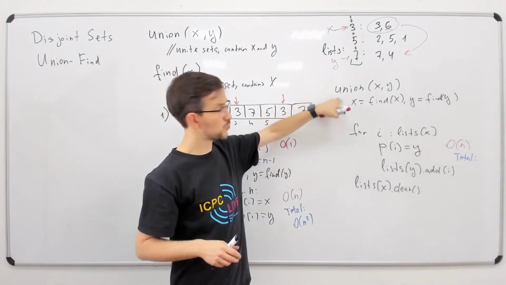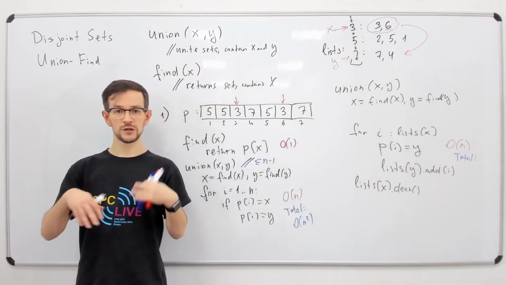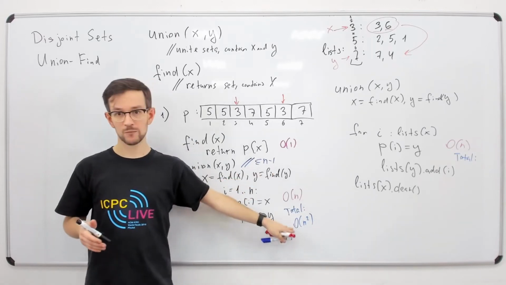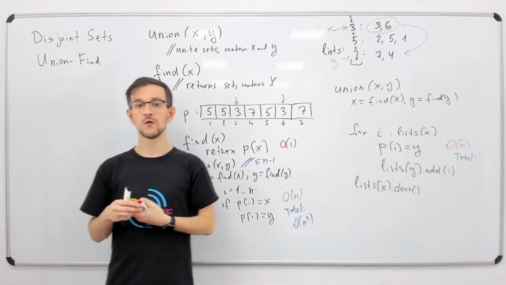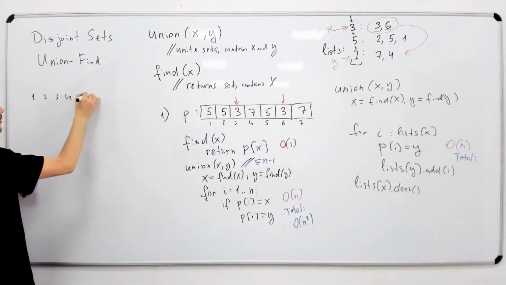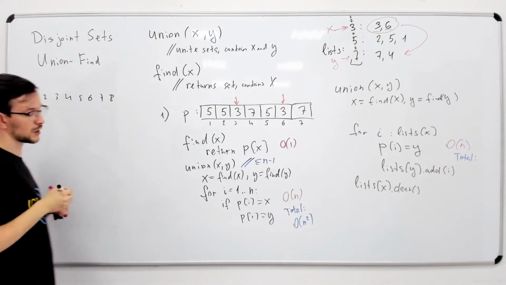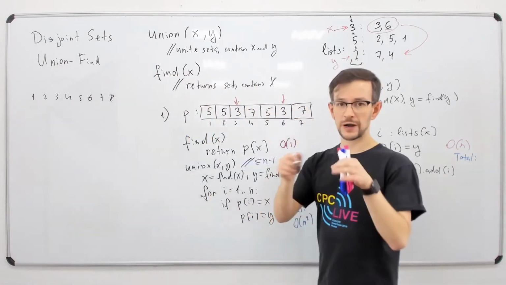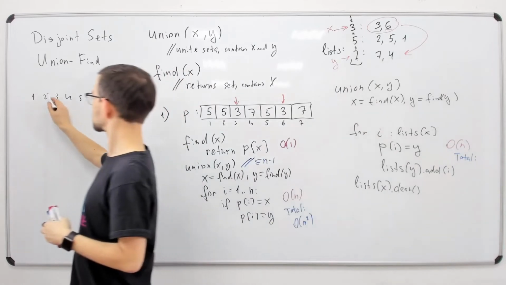Sometimes, if you call this union function in the wrong order, you may get a quadratic number of operations. For example, if you have n elements, and in the first union operation, you unite these two elements.